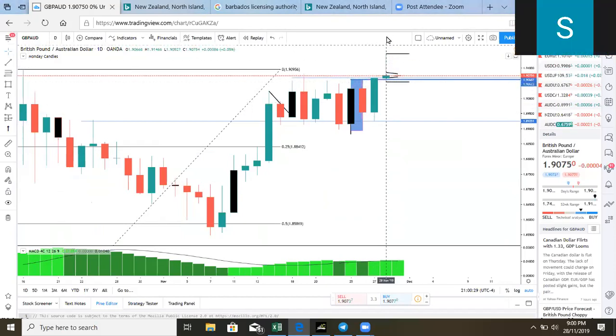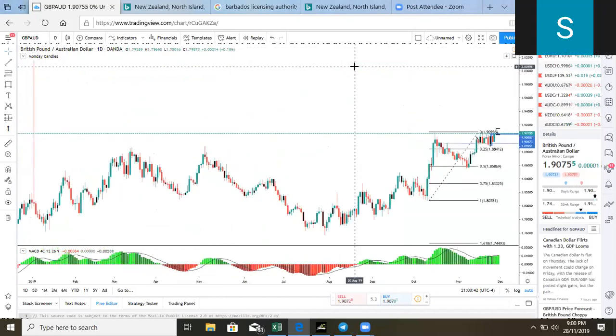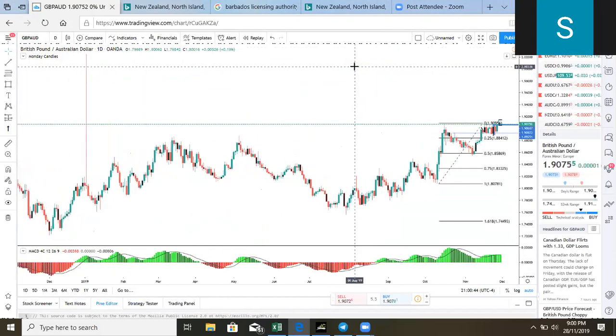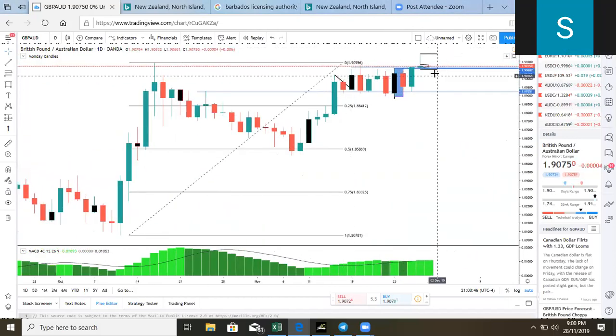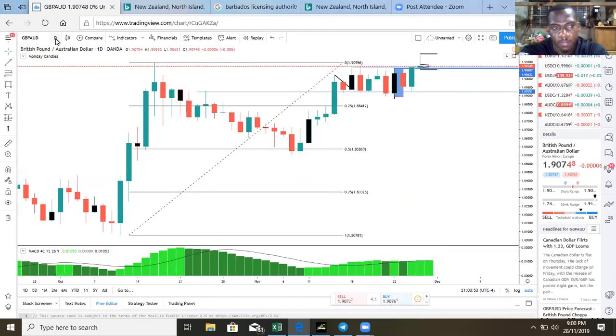Then looking at today's candle, I realized the market went into a sell. So basically, you see these pin bars like this here at our resistance area. We were really looking for the market to reverse, correct.